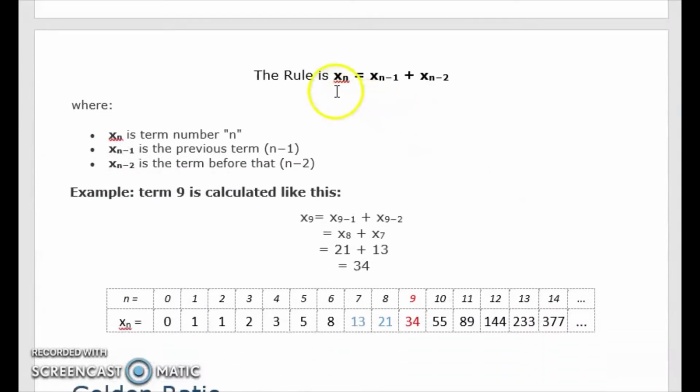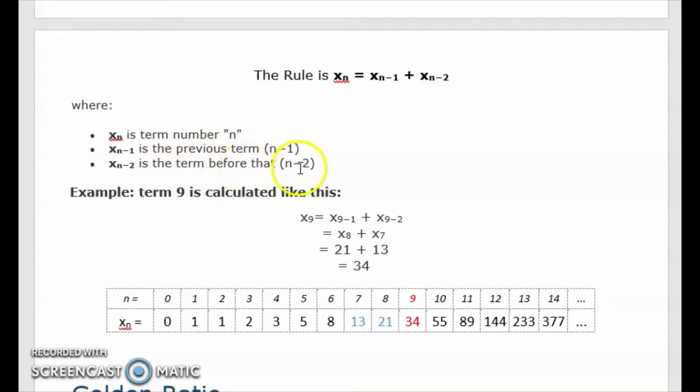So the rule is x sub n is equal to x sub n minus 1 plus x sub n minus 2. This is the formula, wherein x sub n is the term number n, x sub n minus 1 is the previous term, and x sub n minus 2 is the term before that.